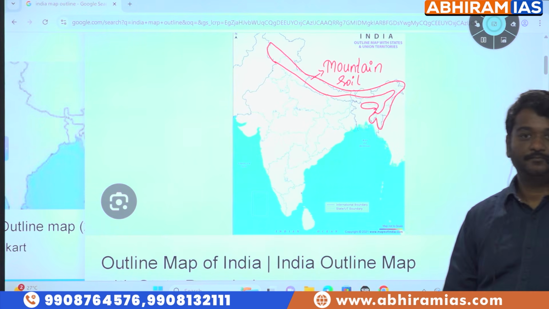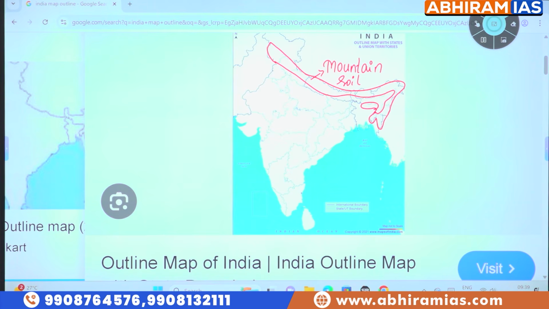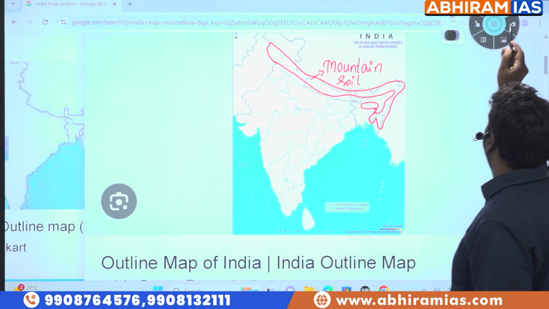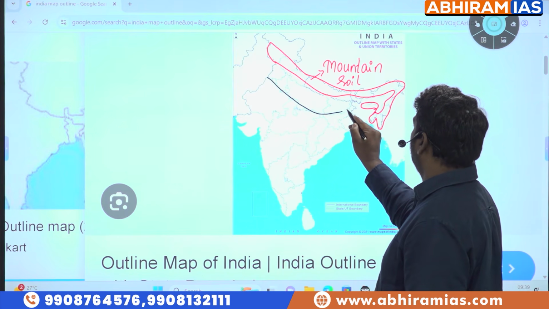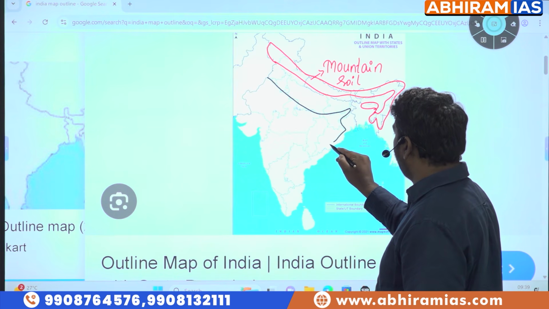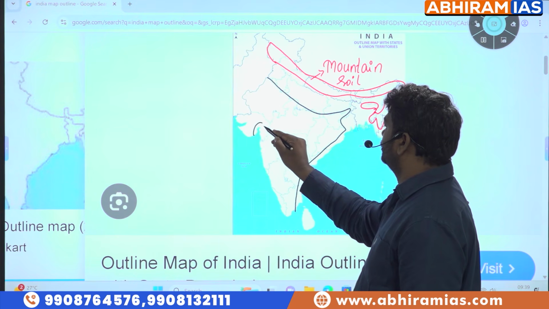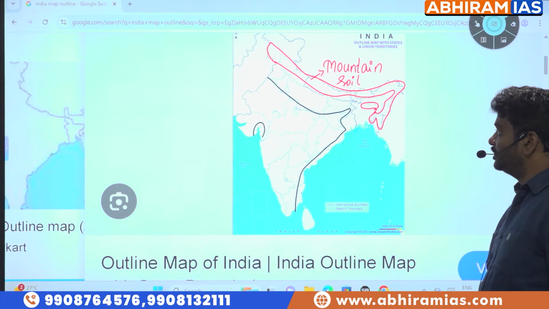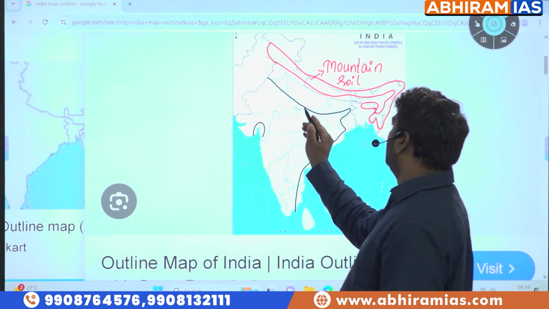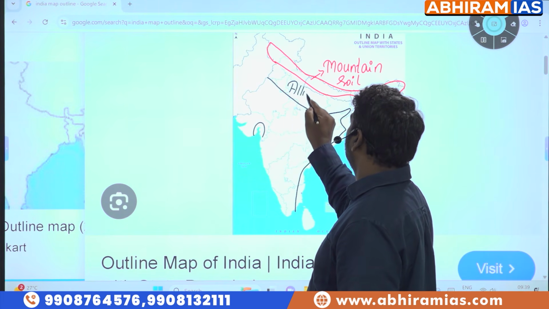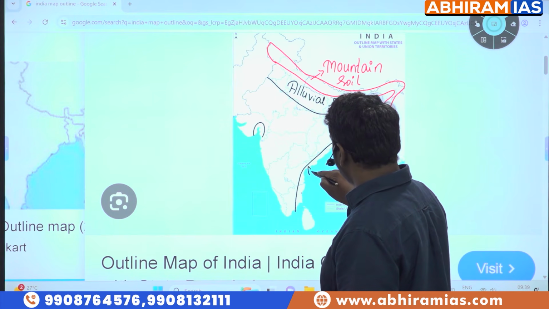Mountain soil. Okay, all the Himalayan states will have mountain soil. Great Plains of India, East Coast and Gujarat, which soil will be there? Alluvial soil.